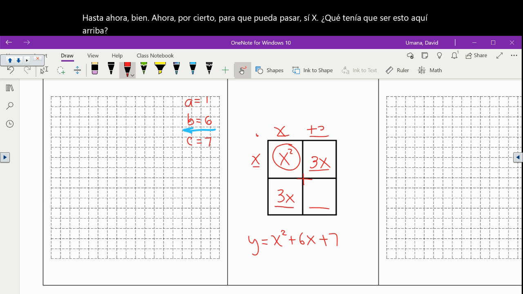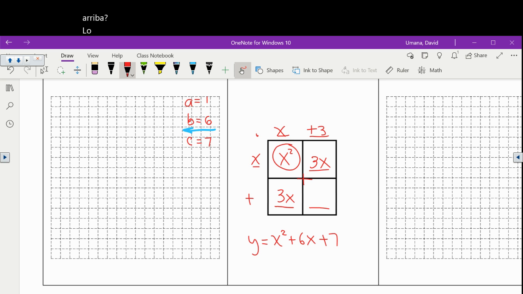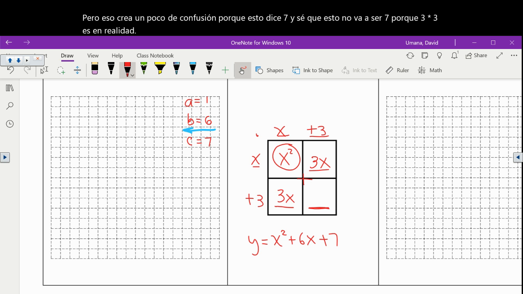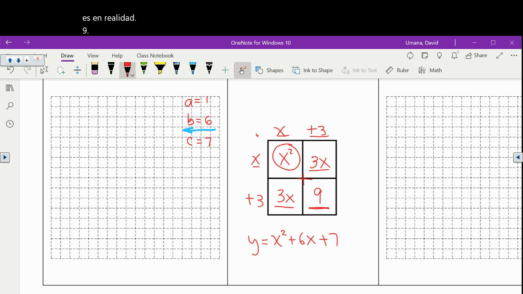A positive 3, which means that this repeats because it's a positive 3. But then that creates a little bit of confusion because this says 7, and I know this is not going to be 7 because 3 times 3 is actually 9. And so what would you say? It would have to be minus 2. So that means that the extra piece, take away 2, and that gives me the 7 that I want. See how that works?